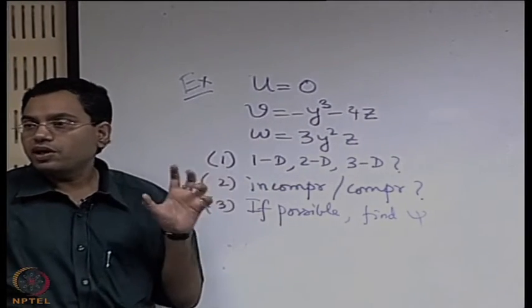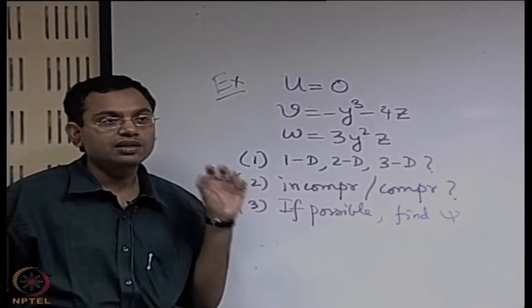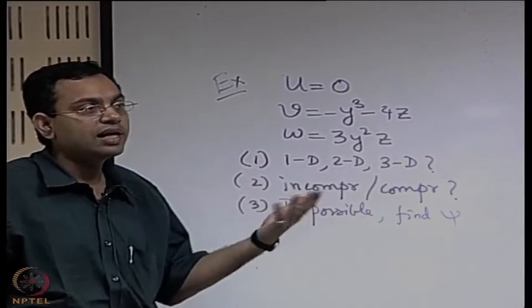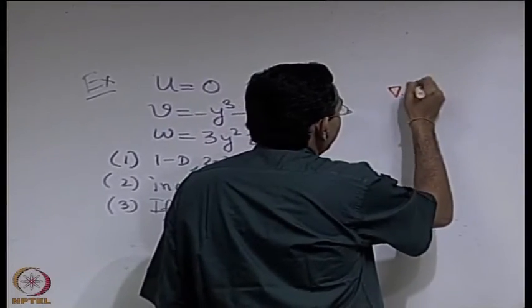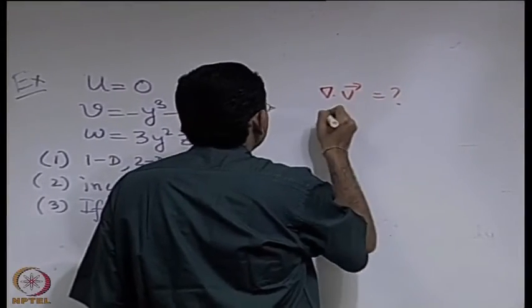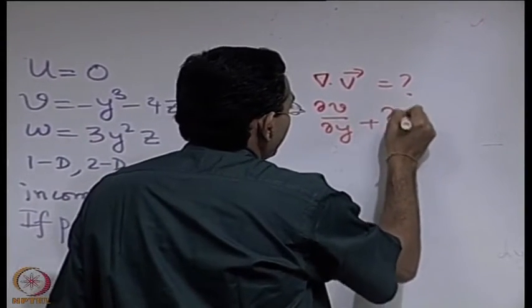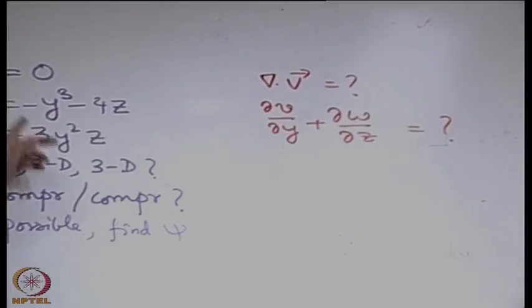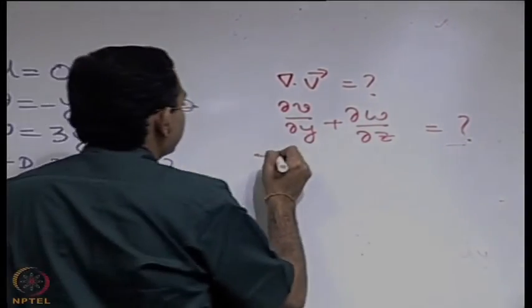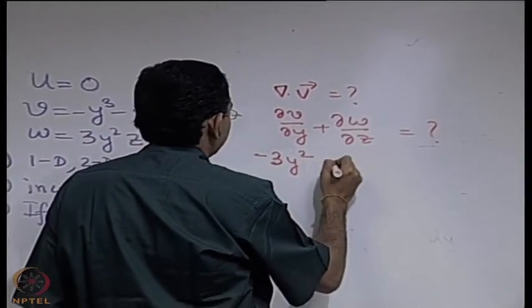The divergence of the velocity vector you should find out, because that gives the rate of volumetric strain. So if the rate of volumetric strain is 0, that means it is incompressible flow. So we have to check what is the divergence of the velocity vector. So here it will boil down to the checking of what is this. So the first one is minus 3y square and the second one is plus 3y square.